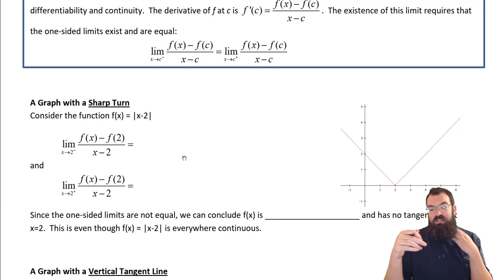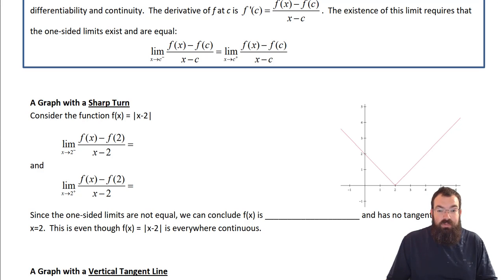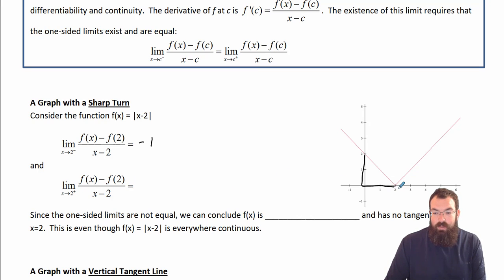But because the derivative doesn't exist, these two limits from both sides need to be different. So if I calculate the actual derivative from the left, I can do that just by using the graph. That's just -1, because I went down 2 and over 2. And from the right side, I'm going over 2 and up 2, so that's just +1.